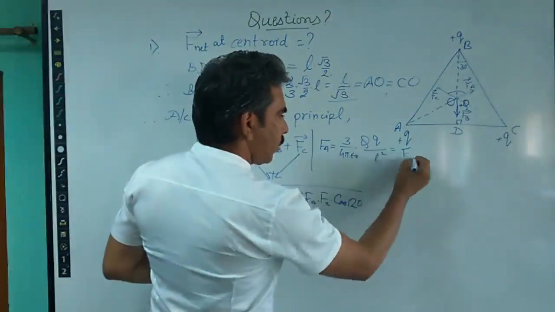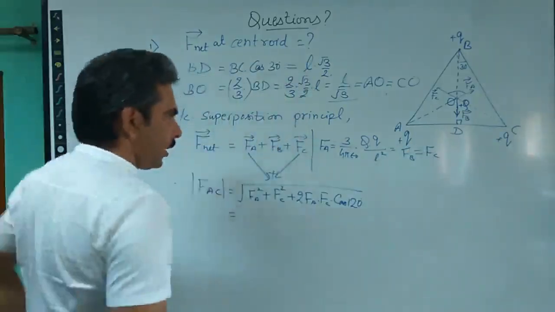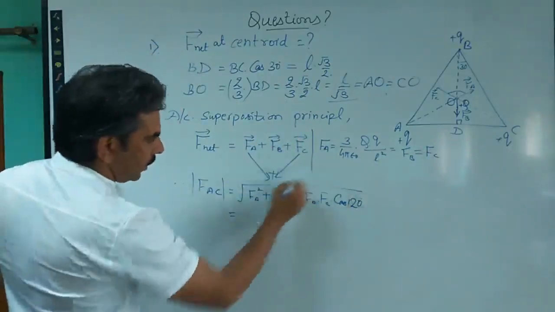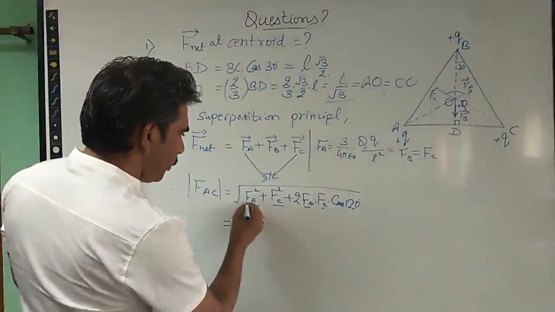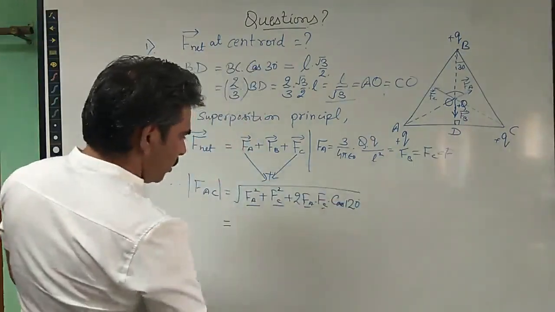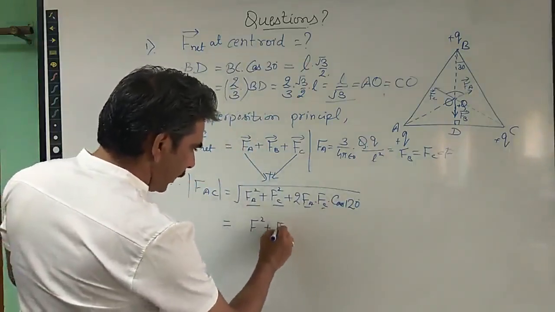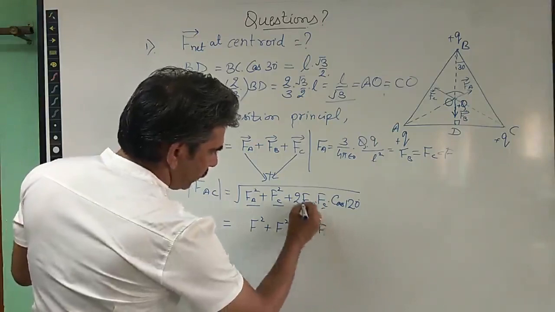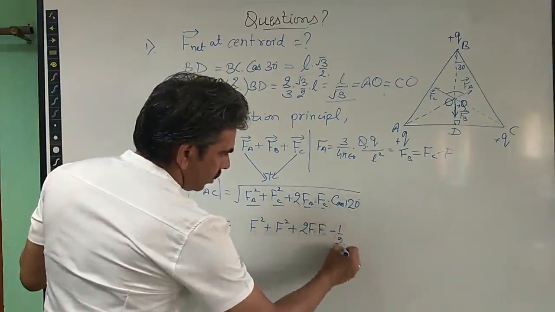Similarly, in terms of magnitude, Fb is also equal to Fc. So all terms are equal because the charges are the same. Because all the forces are the same, we can give them a common name, F. So this results in the square root of F square plus 2 into F into F into cos 120 degrees, which is equal to minus 1 by 2.